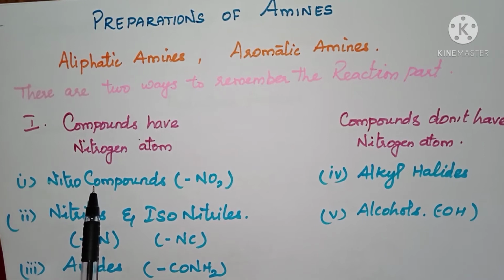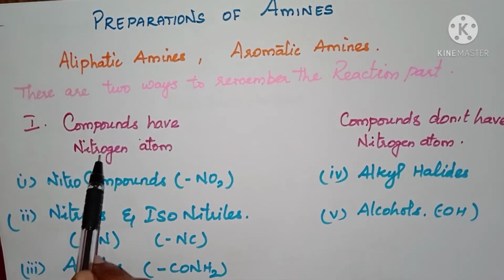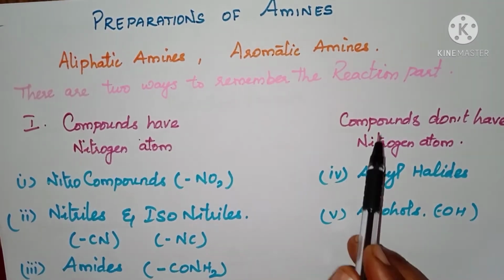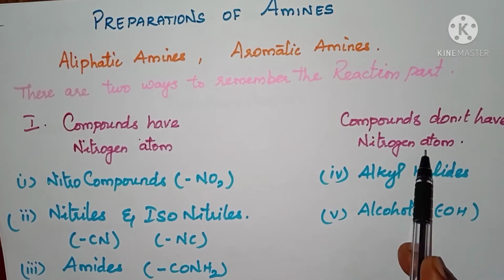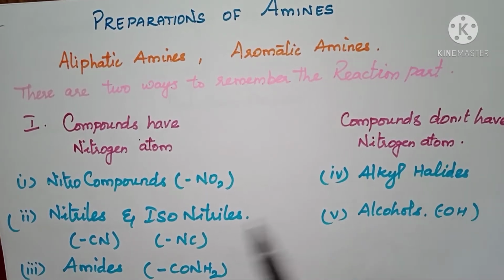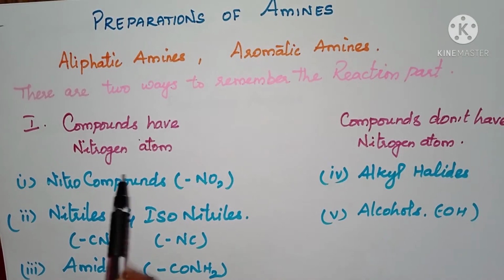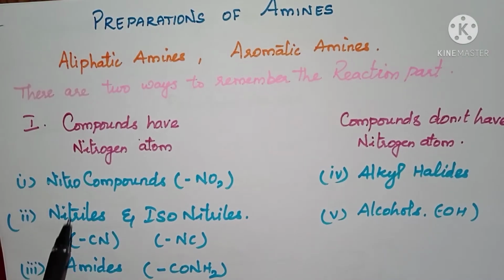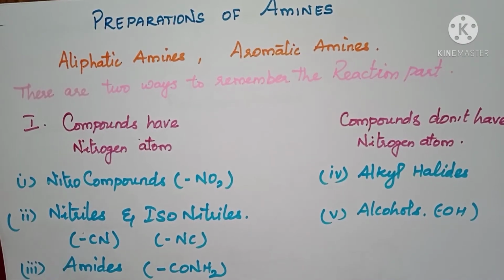So nitro compounds, the compounds that have a nitrogen atom, and the compounds which do not have a nitrogen atom. These are the 2 steps we are following. What are the compounds having a nitrogen atom which are converted into amine? These are the 3 reactions.